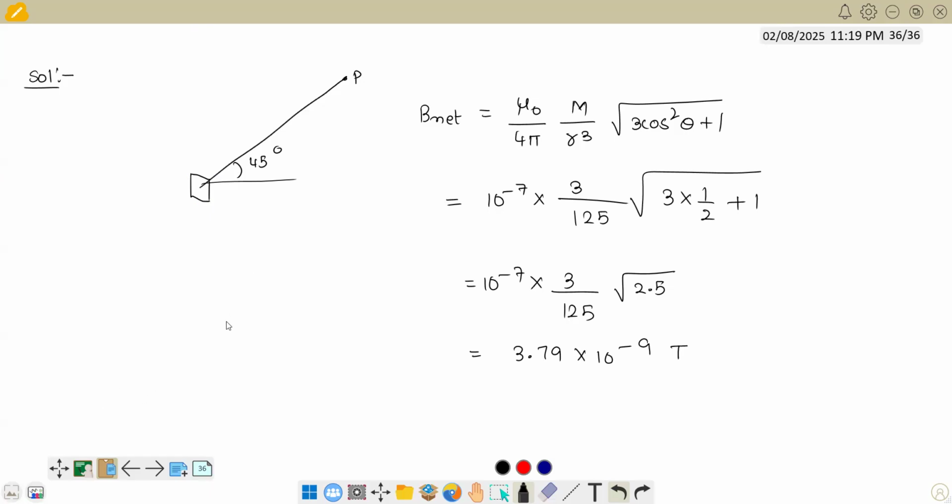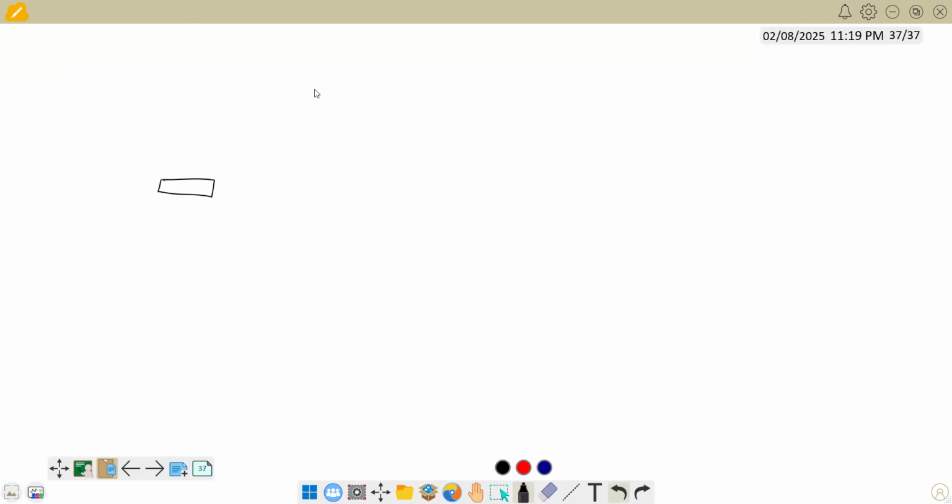Another important thing: what is the angle made by the resultant with the radial component? If you want the angle made by the resultant with the radial component, tan beta will be half of tan theta. So that would be half. So beta would be equals to tan inverse of 1 by 2. How should I represent it? When I represent it, if this is my point P, and this is my B radial, which is making an angle theta, our beta would be making an extra angle with this.